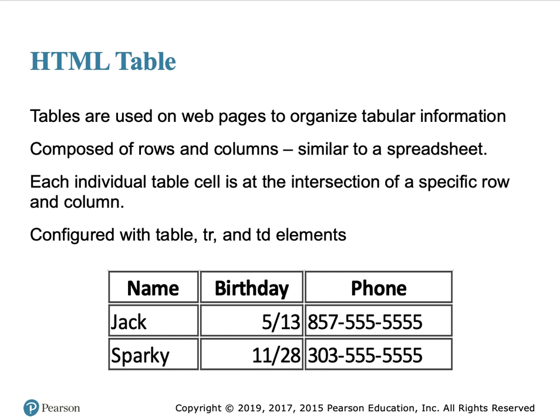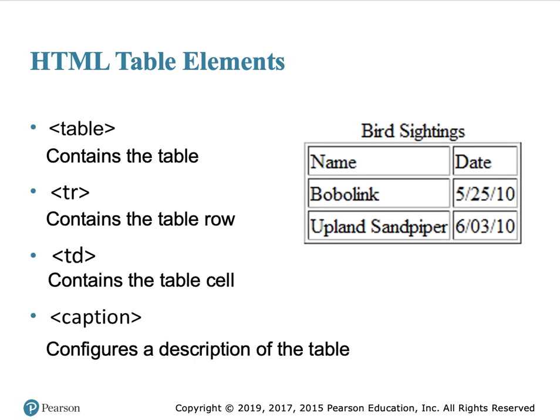A table is composed of rows and columns, similar to a spreadsheet, such as an Excel spreadsheet. Each individual table cell is at the intersection of a specific row and column. The table is configured with a table element, the TR element, which stands for table row, and the TD element, which stands for table data. A table is configured with an opening and closing table tag.